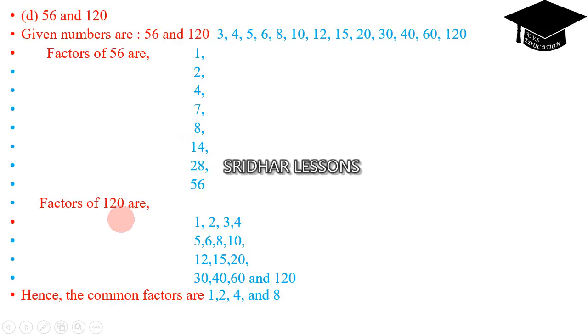And for 120, they are 1, 2, 3, 4, 5, 6, 8, 10, 12, 15, 20, 30, 40, 60 and 120. These are the factors of 120. But here the common numbers are 1, 2, 4 and 8. So they are called the common factors.